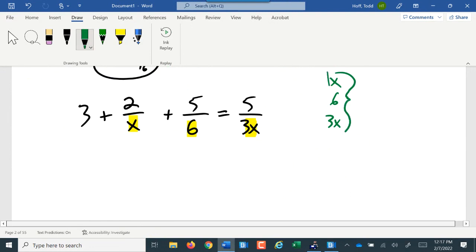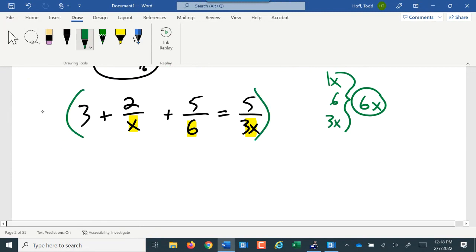So we have 1, 6, and 3. The smallest number for the common denominator would be 6. For variables, we just take the largest power of the variable. Well, there are no powers other than 1 here, so x is the largest power. So 6x would be the least common denominator.